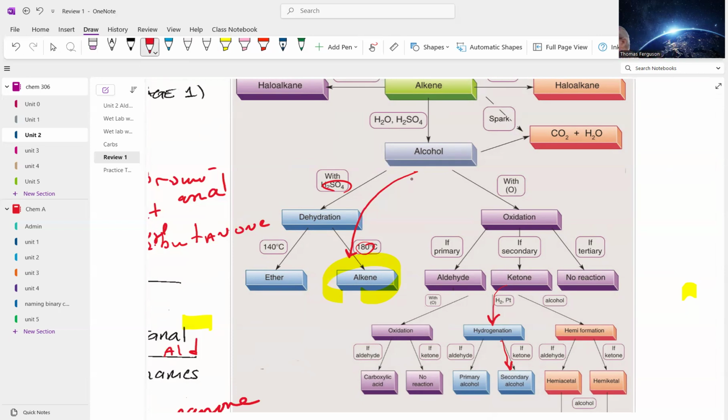And then how do we get the alcohol? We go opposite oxidation, which is reduction. I'm going to take a ketone because it's a secondary alcohol and reduce it.